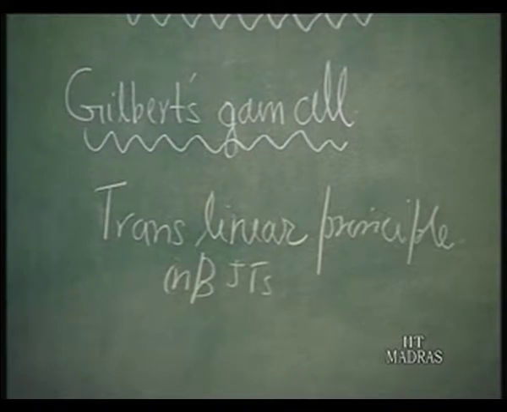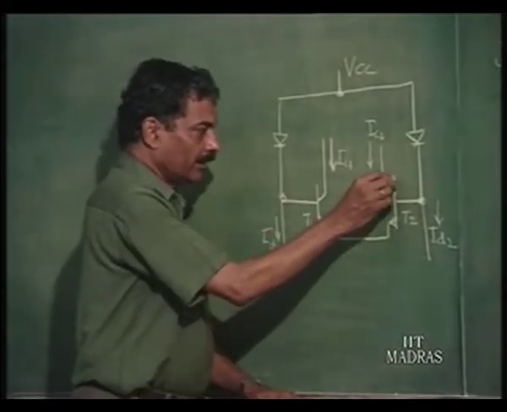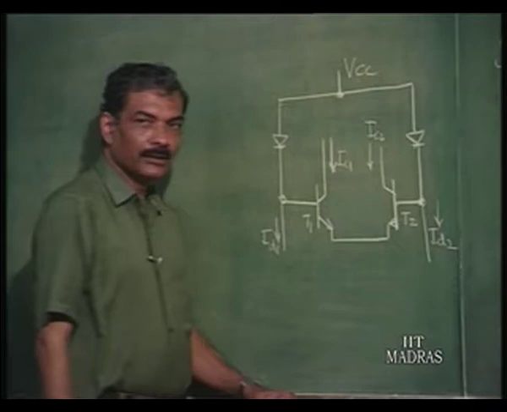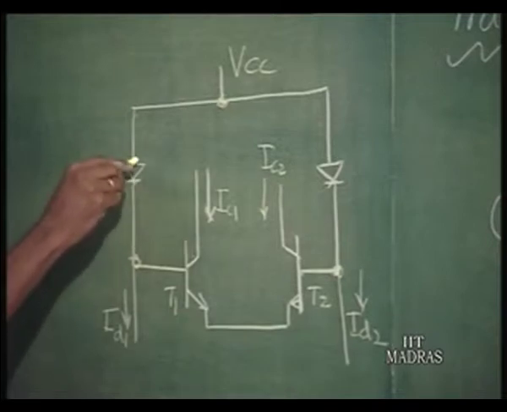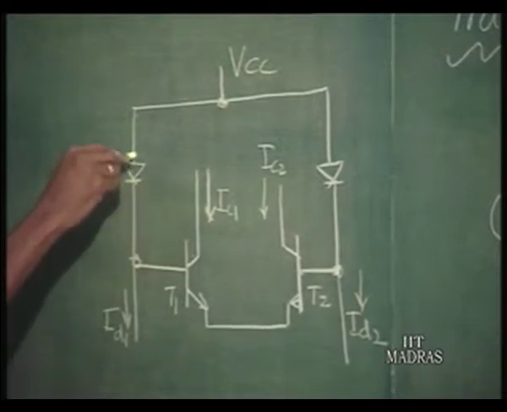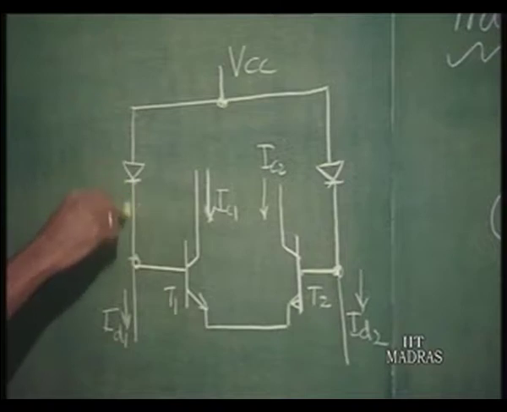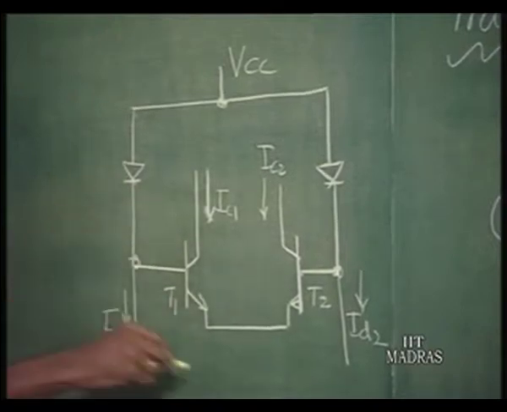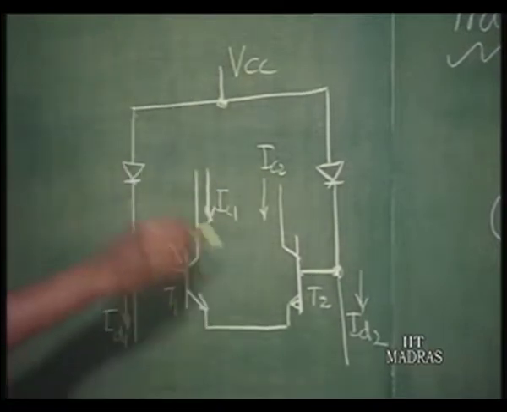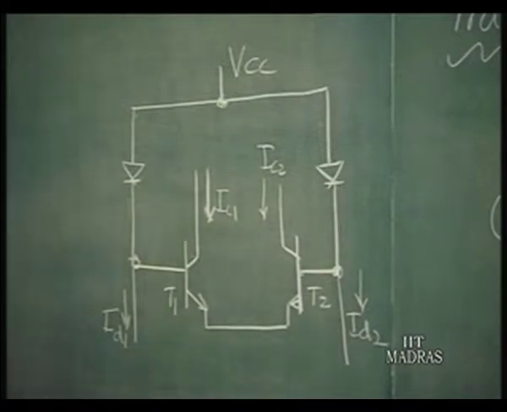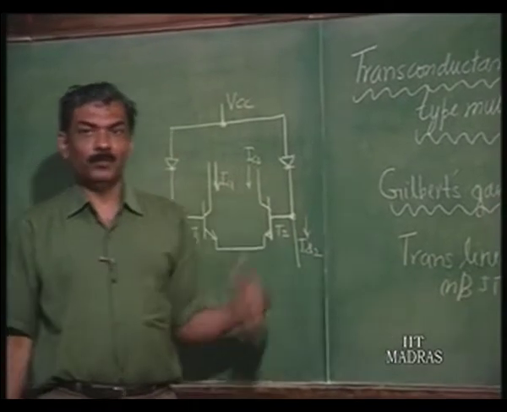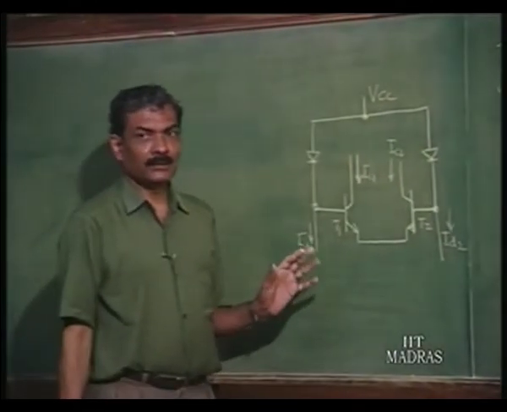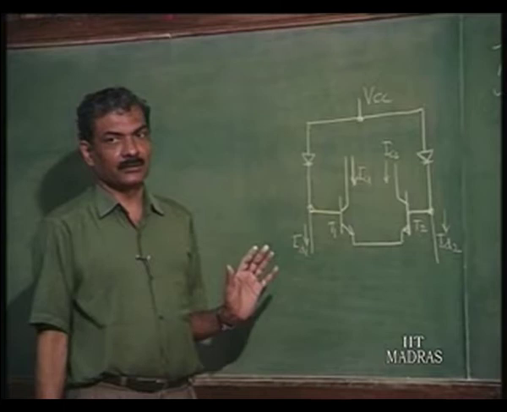The Gilbert gain cell is given here. This is a very important cell. This comprises base emitter junctions or diode junctions, okay, forward biased, but forming a loop. So, this translinear principle is applicable to any loop formed by forward biased diodes.